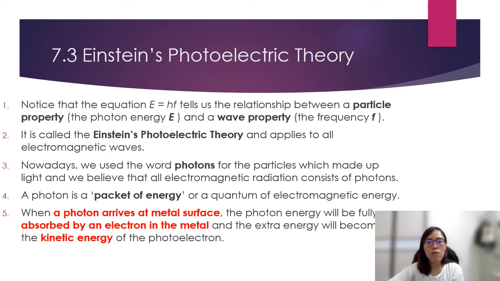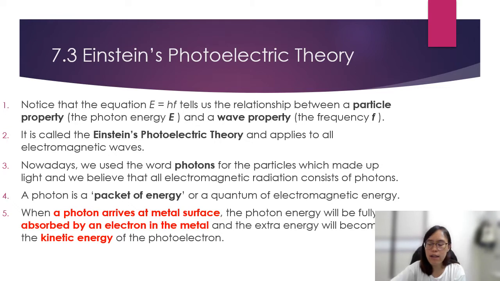From that we know the photon energy E equals hf, which explains the relationship between the particle property and the wave property. It is called the Einstein photoelectric theory and applies to all electromagnetic waves, for example radio waves, microwaves and visible light.